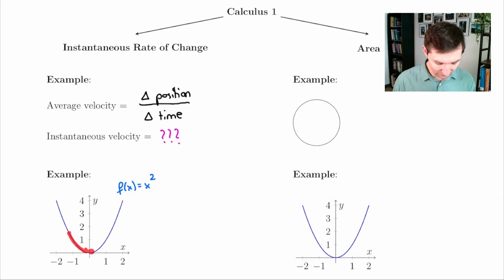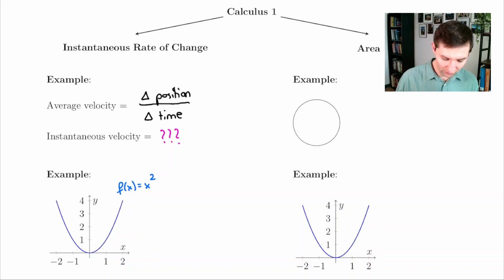Then it stopped decreasing and started increasing. And then it kept increasing faster and faster. This description is accurate, but it is not precise. Mathematicians need a numerical value that will describe exactly how fast this function was changing at this point. They need a numerical value that will describe the rate at which this function was changing at this point.